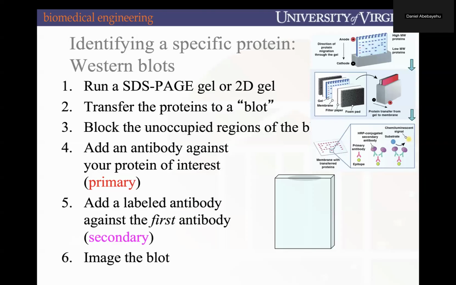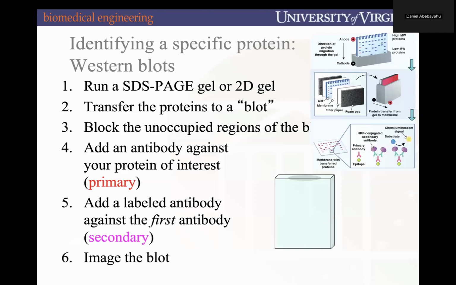The reason that's important is that if you have an antibody that wants to detect a very specific protein, and that's a very specific interaction, you'll have non-specific interactions from this natural stickiness of proteins wanting to interact with each other. So you have what's called a blocking step, where you use some general protein mixture. Usually we use albumin. It's the most abundant protein in our blood.